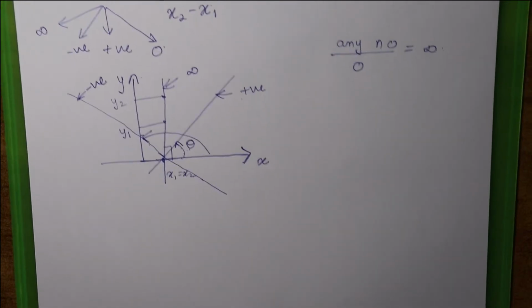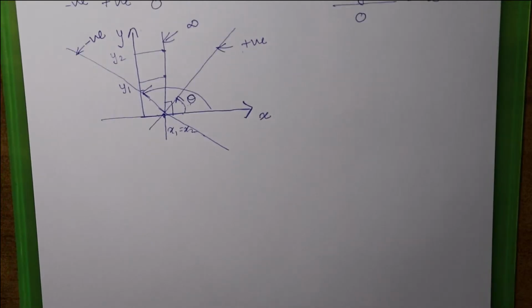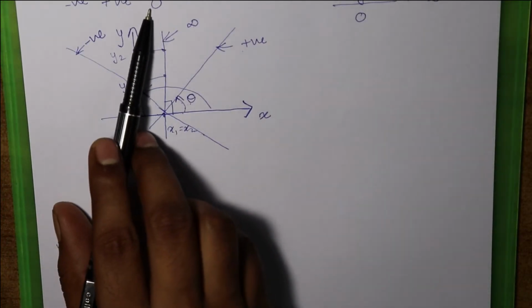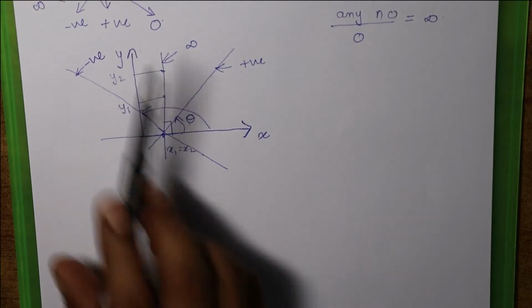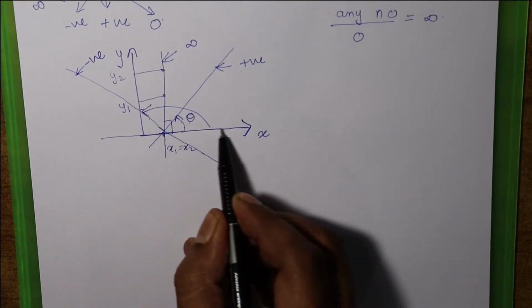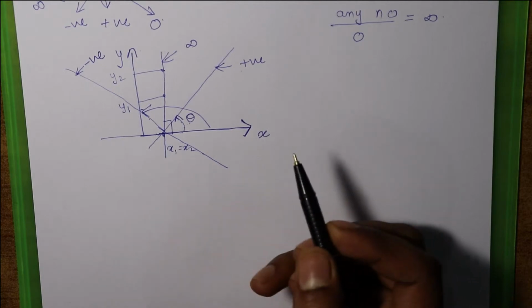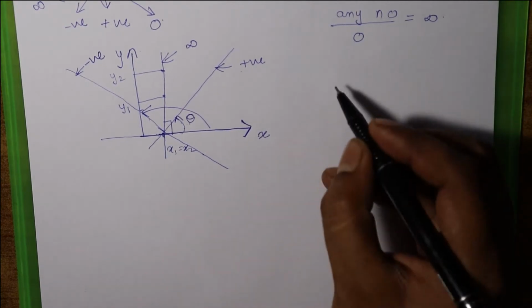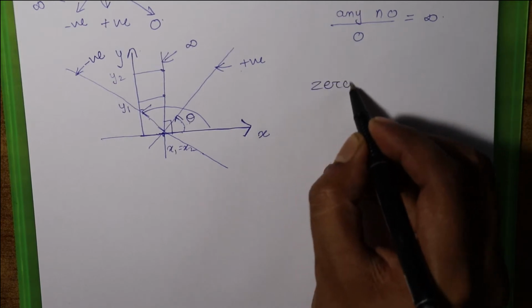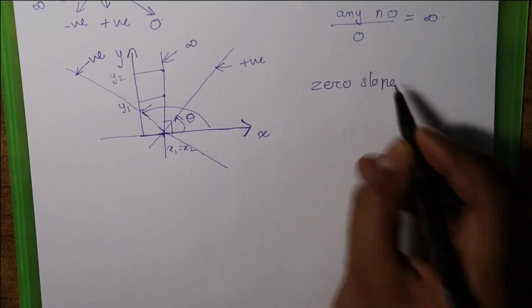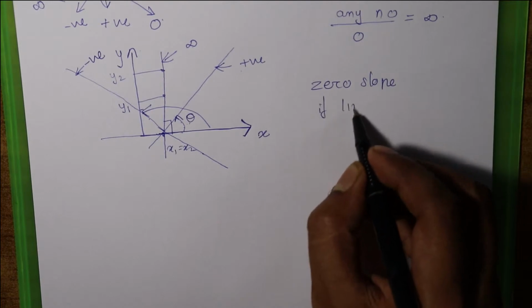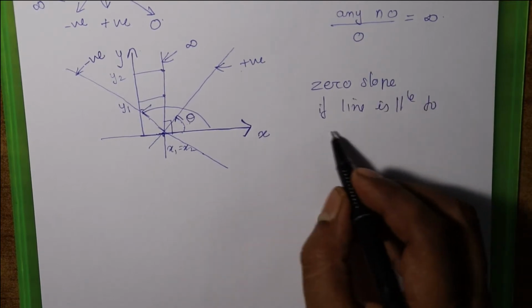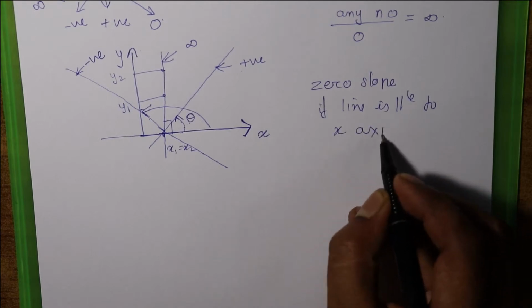Now we move on with further concepts, like when will the line have zero slope? The line will have a zero slope if the line has no angle, that is, it lies on the x-axis, or if the line is parallel to the x-axis.